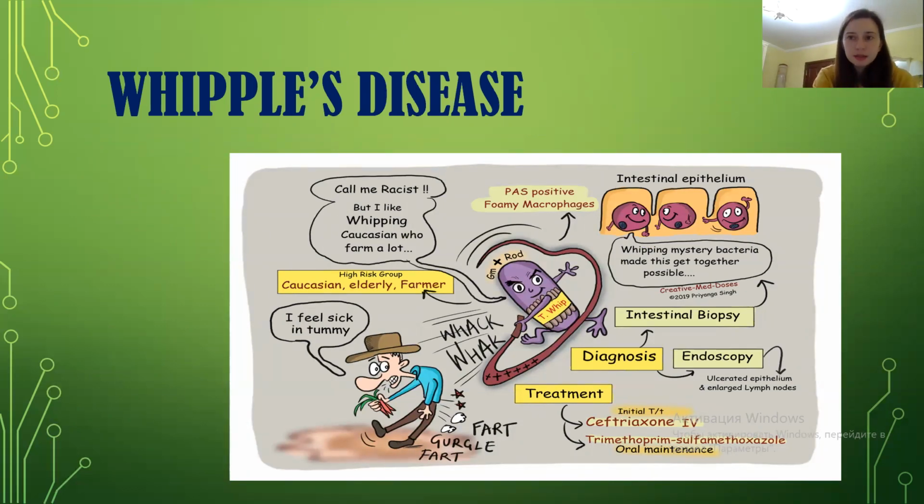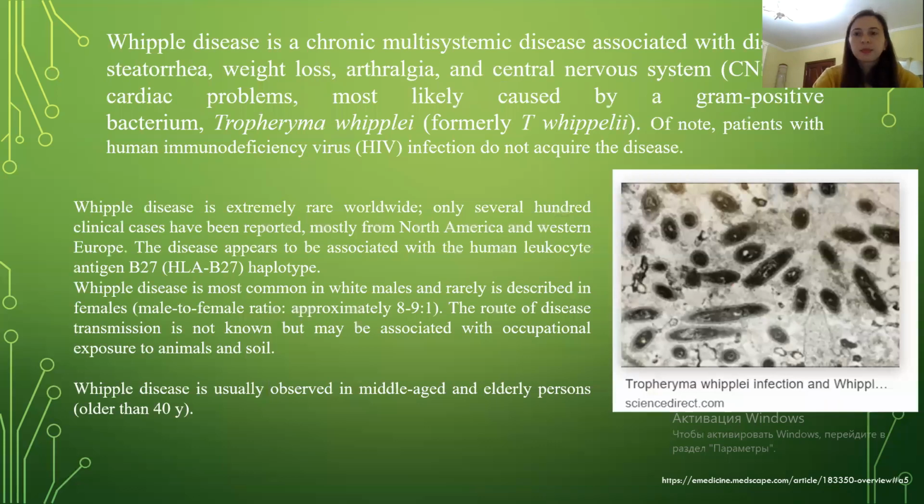And the next disease of the small intestine is Whipple disease. Whipple disease is a chronic multisystemic disease associated with diarrhea, steatorrhea, weight loss, arthralgia, and central nervous system and cardiac problems.